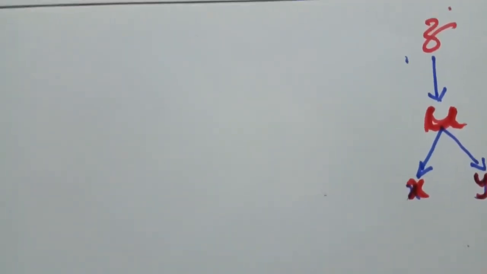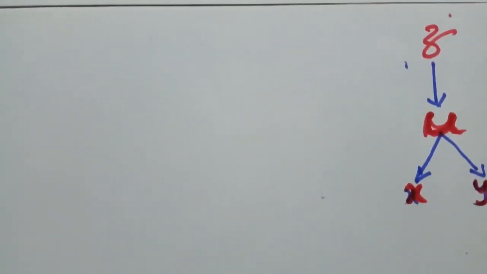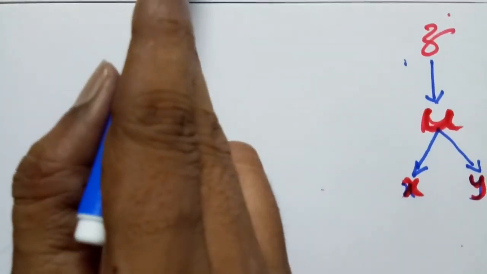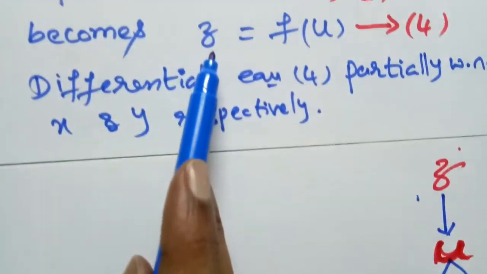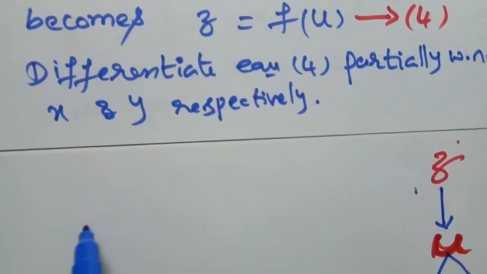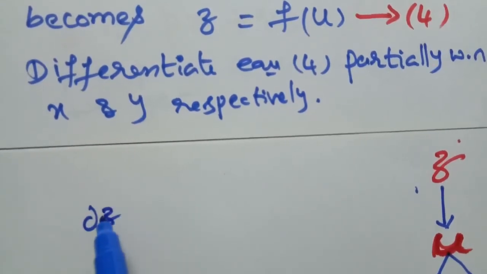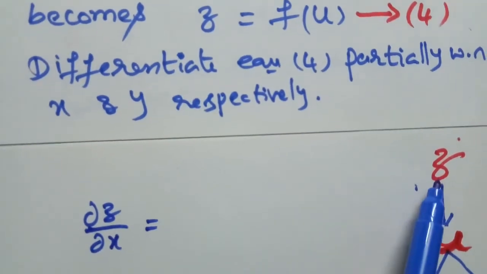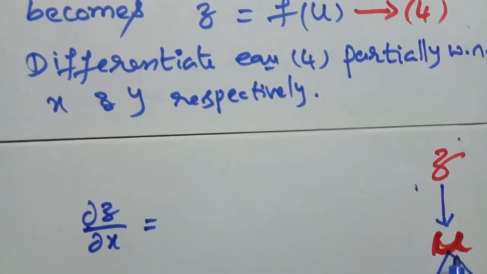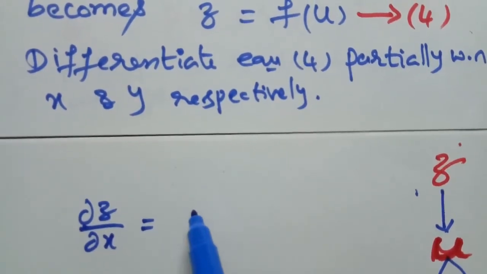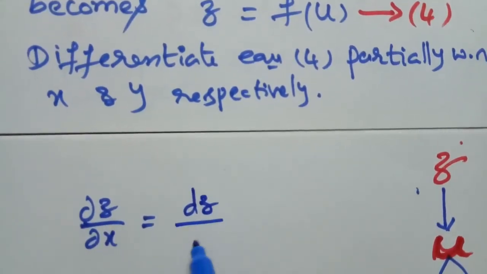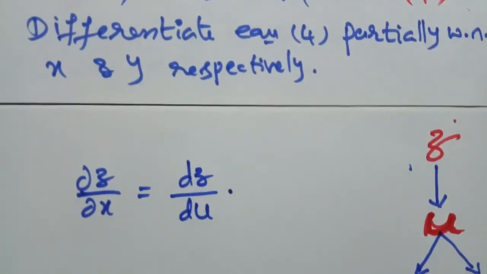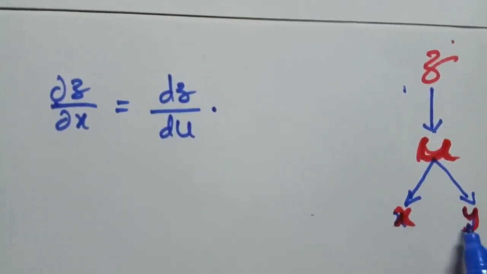Therefore, partially differentiating z with respect to x, dou z by dou x is equal to dz by du, since z is a function of a single variable, into dou u by dou x, as u is again a function of x comma y.